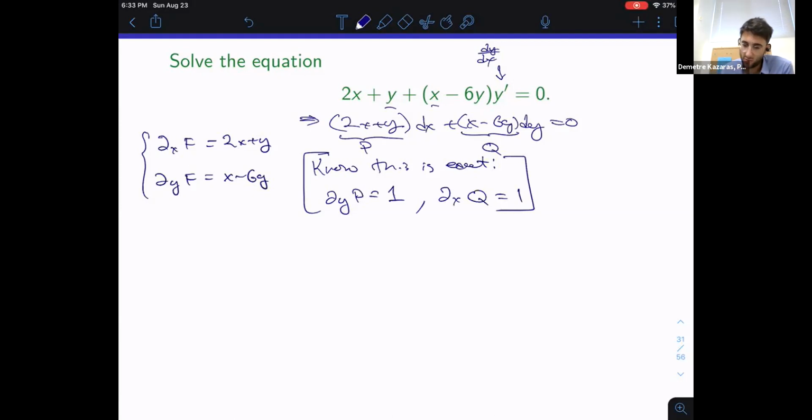So we seek F of two variables so that these two equations are solved. Now let's look at one of them, it doesn't matter which one. Let's take the first one, integrate it with respect to x, and see what happens.